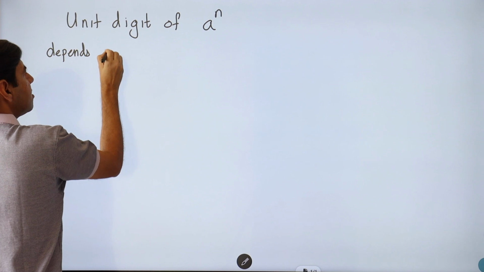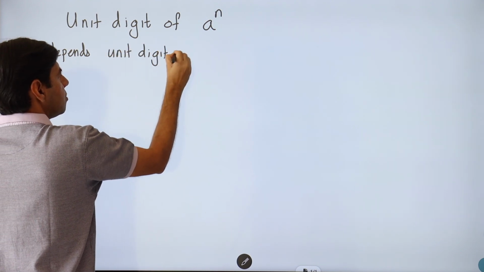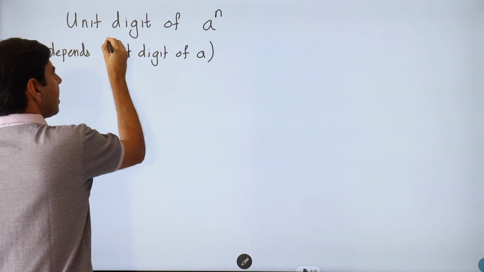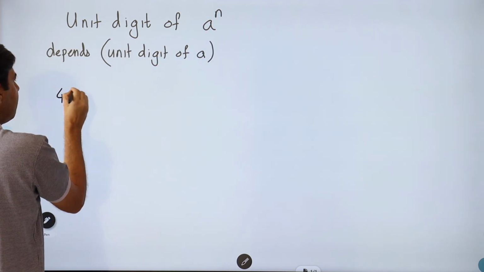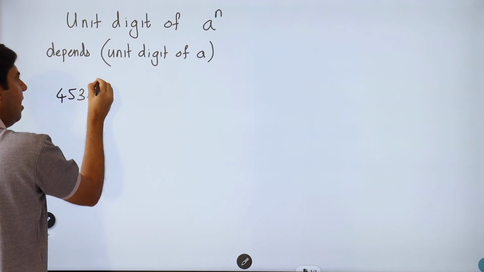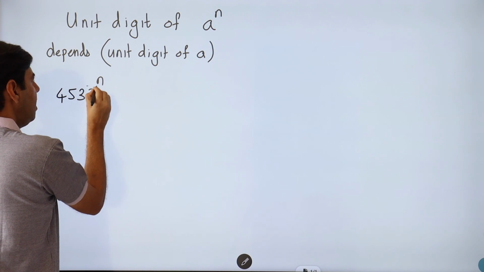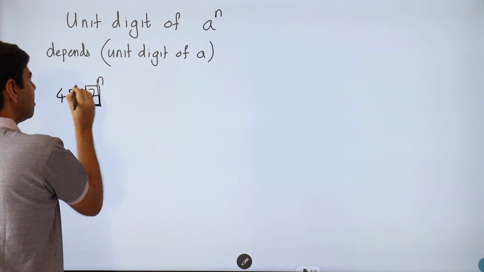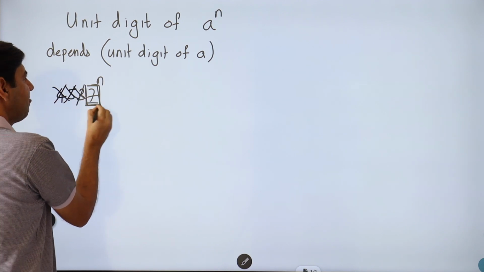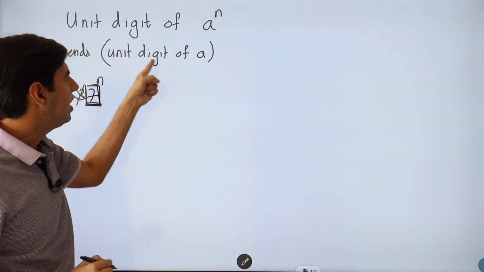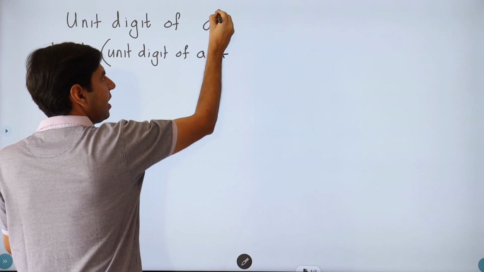So the answer depends on the unit digit of A and not the entire A. What I mean by that is, if I have 453 raised to some number, the answer will depend only on the 3, and the 4 and 5 are of no use to us. So my first attention will only go to the unit digit of A, and it will also depend on N.